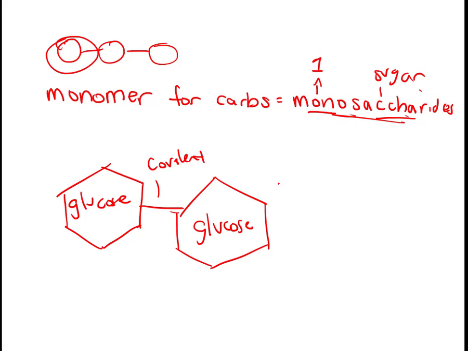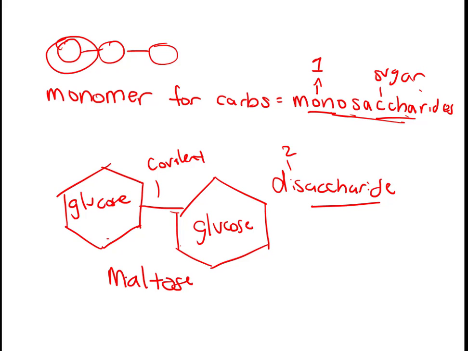This would be called a disaccharide. Di means 2, and again, saccharide means sugar. So we now have 2 sugars stuck together. When you have 2 glucose together, this is actually a molecule called maltose. Maltose is a sugar that we use in beer brewing. Have you guys heard of a malt? A malt comes from the word maltose because we use it in fermentation to brew beer.